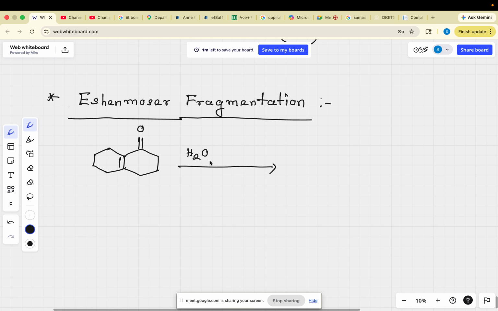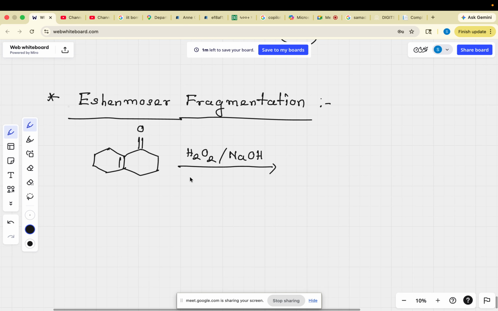Here I am using this reagent, H2O2 in presence of NaOH. Tell me what will be the product? Epoxidation.